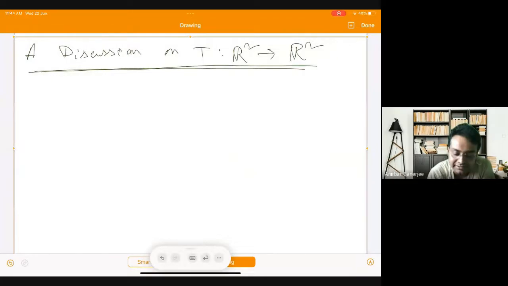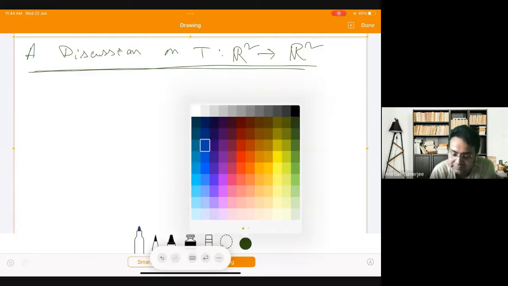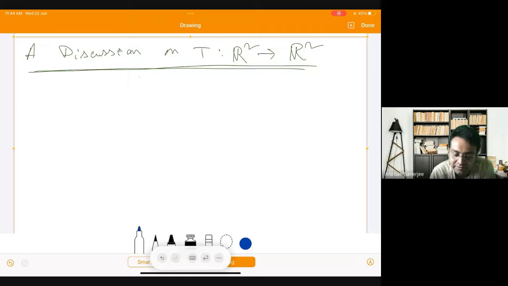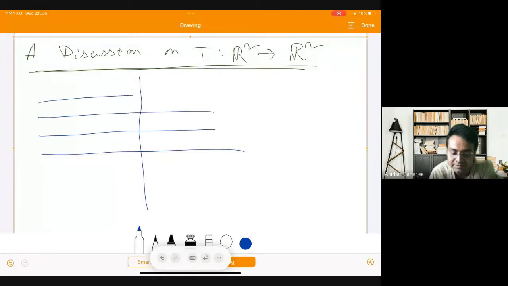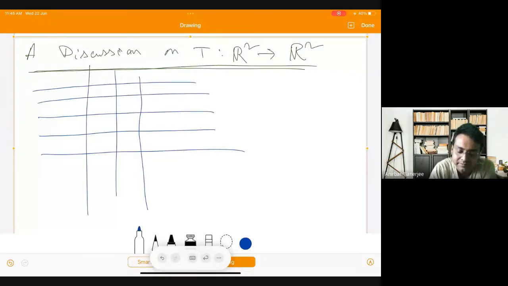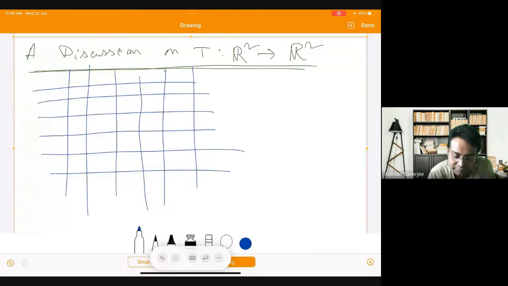So what is happening? Let's say this is the origin, and we have a vector, let's say v equals -1, 2.